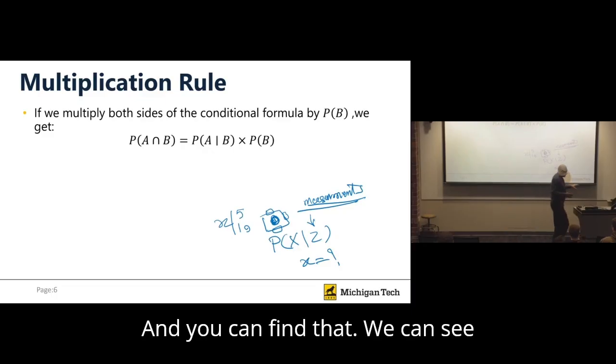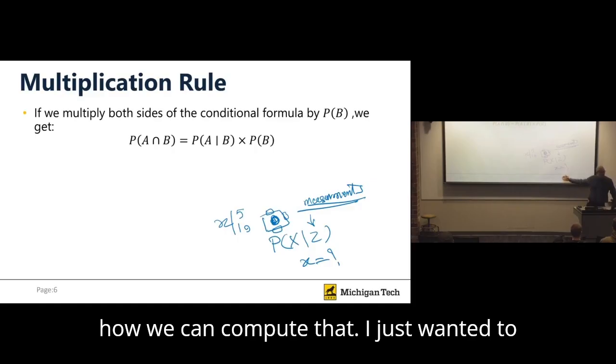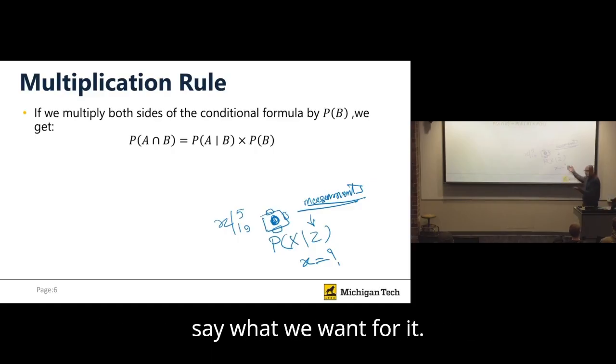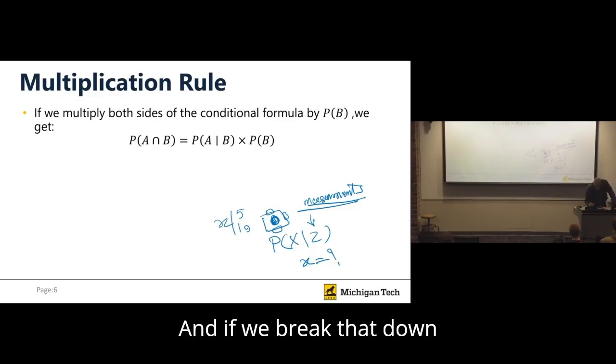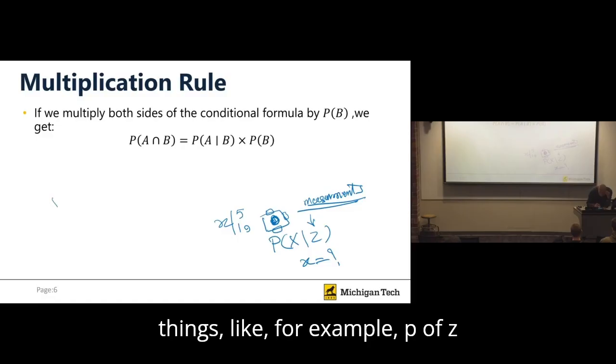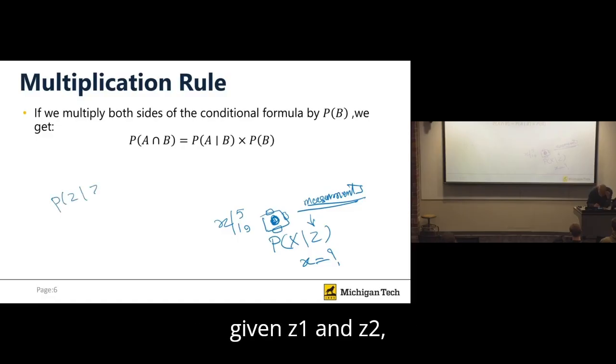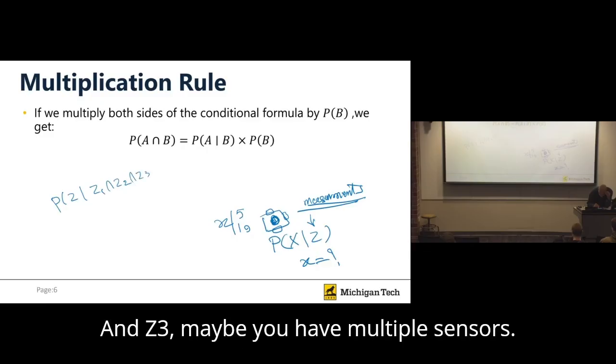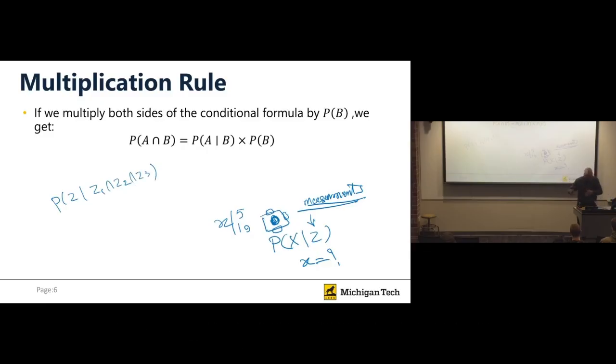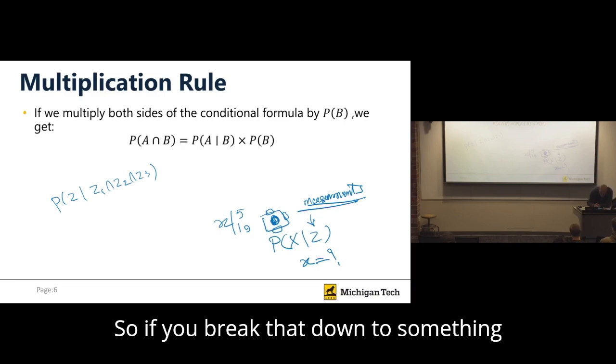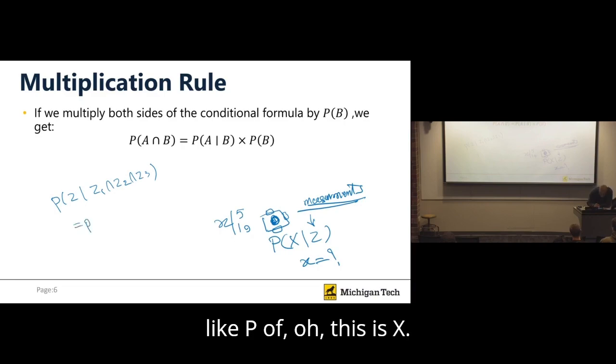And you can find that. We can see how we can compute that. I just wanted to say what we want to find. And if we break that down to multiple things, like for example P of X given Z1, Z2 and Z3, maybe you have multiple sensors.